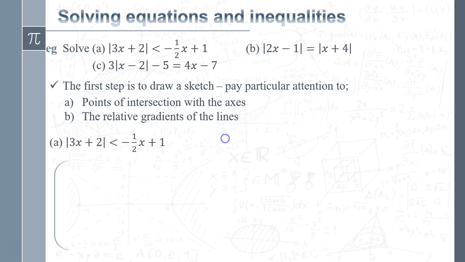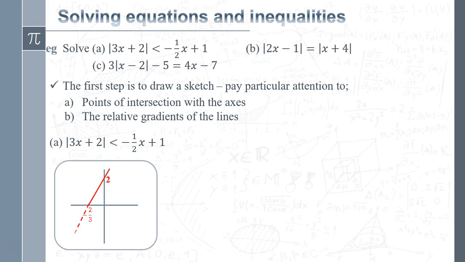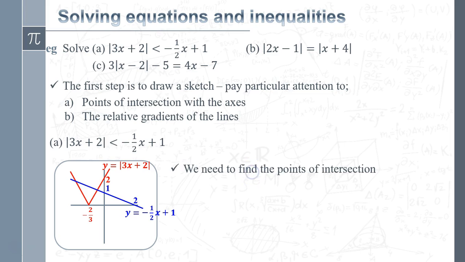First thing I'm going to do is have a go at my sketch. This is going to be the sketch of mod 3x plus 2, and hopefully comfortably it looks like that. Then I've got my other graph, which is minus half x plus 1. Again, intercepts for both, so I'm comfortable with what's going on. This one's fairly straightforward, because we've got 2 points where these lines intersect.